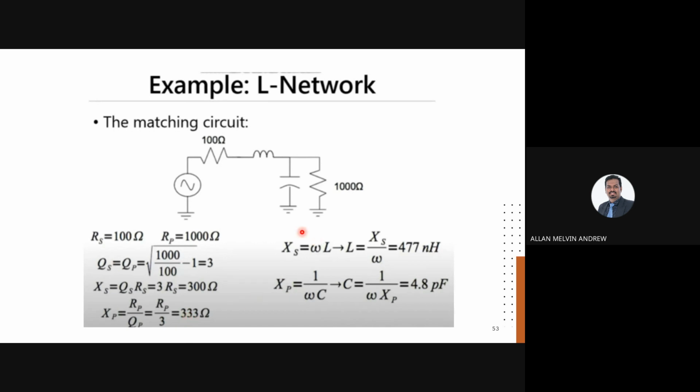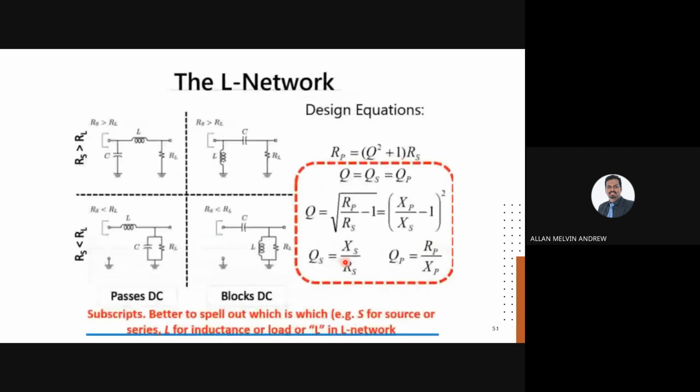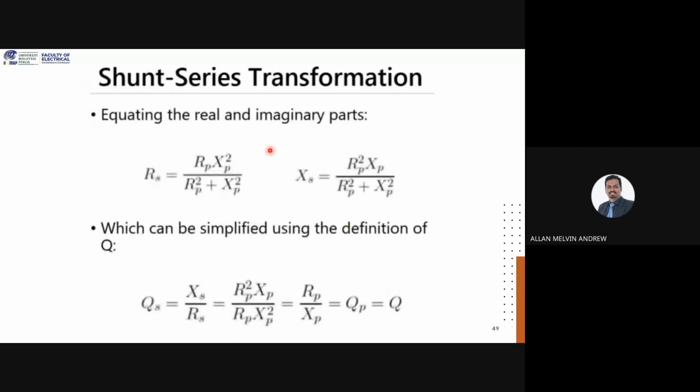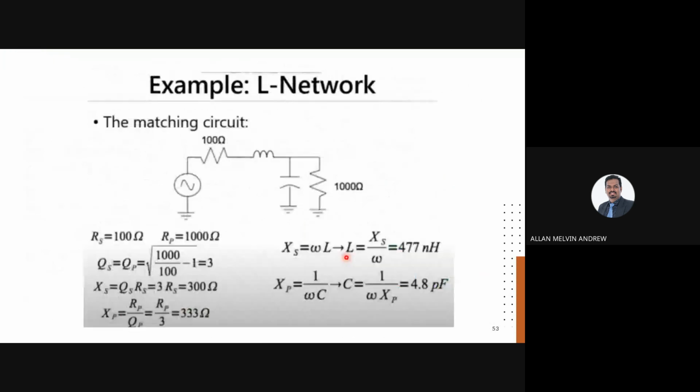Then we can calculate the imaginary part. So this is the real part, and this is the imaginary part. We can calculate based on the formulas. So we have all these formulas here, and we can use them to calculate.